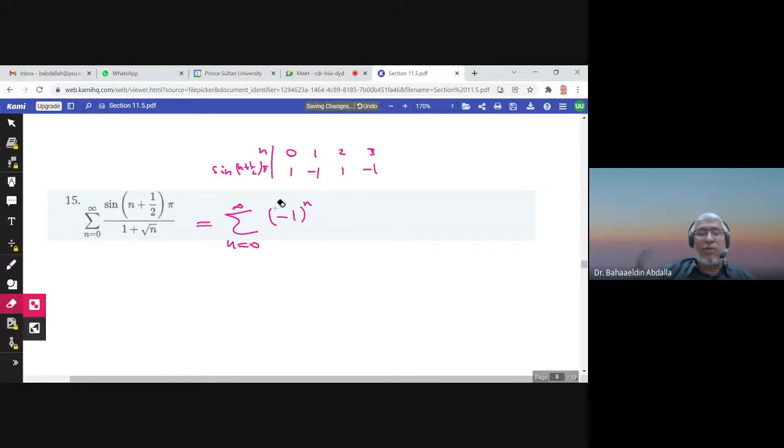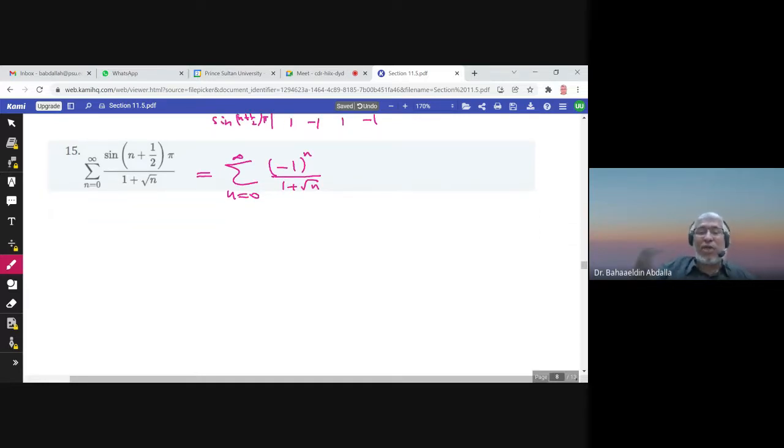So to the power n would be okay. Because negative 1 to the power 0 is 1, to the power 1 it would be negative 1, and so on. Over 1 plus square root of n. So that's the series he is talking about. And Bn here is 1 over 1 plus square root of n. And it's easy to prove that this is decreasing and the limit is 0.